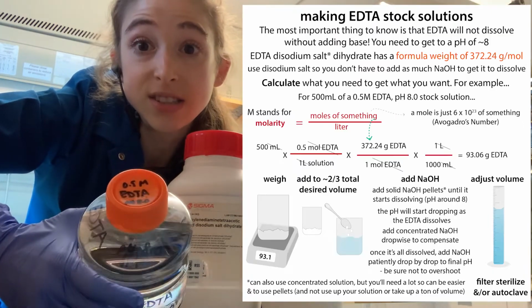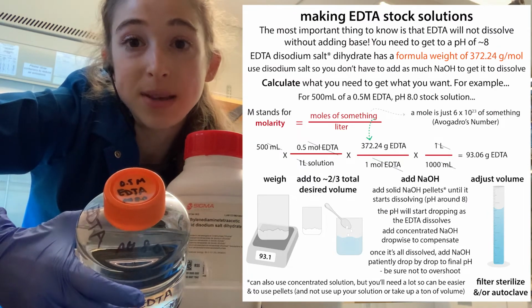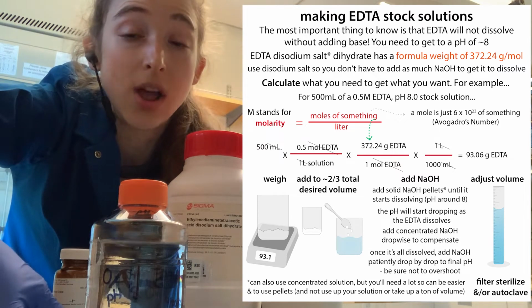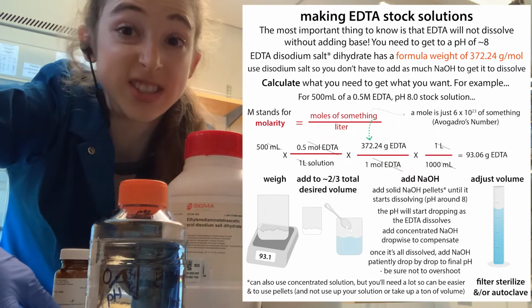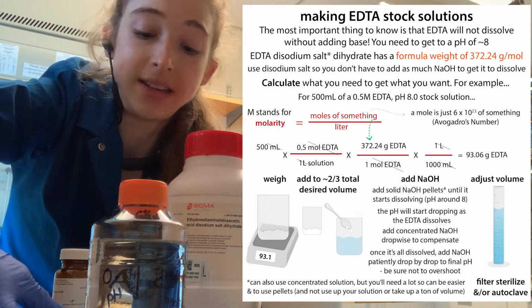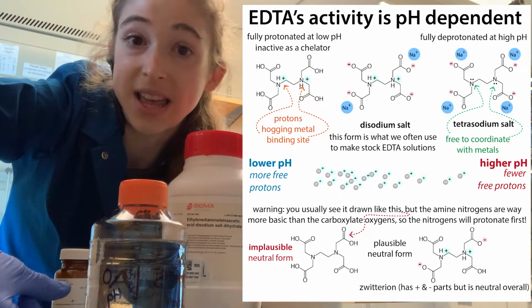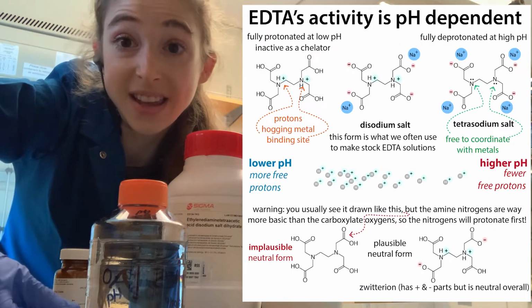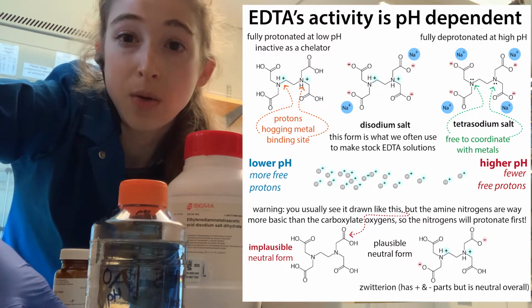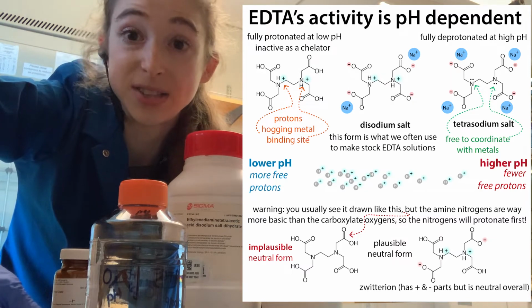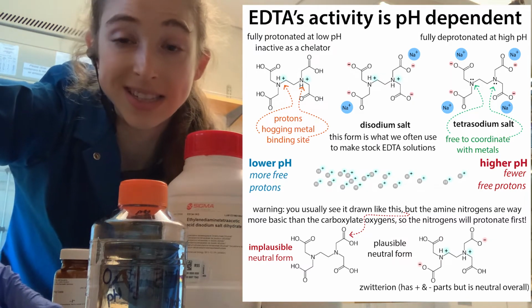But making the stock solutions is a big pain because in order to get EDTA to dissolve, you're going to have to add a lot of NaOH. So NaOH is a base and EDTA is an acid, and what happens is that when the EDTA is in its acid form, water doesn't want to hang out with it, and metals don't want to hang out with it, so it's insoluble and it's not effective as a chelator.